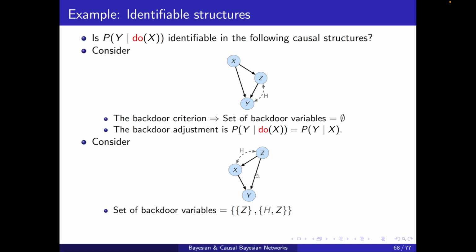Both of them are blocked by just z. You can also consider H and Z together, right? They also block, but H is unobserved. So I will just go with Z, and therefore this query can be simplified into an observational query. So it is identifiable as well.